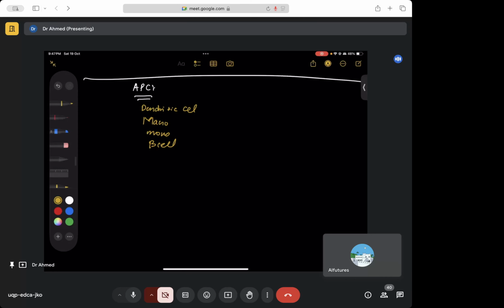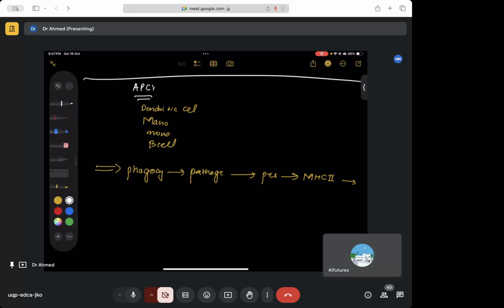Antigen presenting cells first of all phagocytose the pathogen. Then they present some of its components on MHC class 1 or 2? Two. Yes.